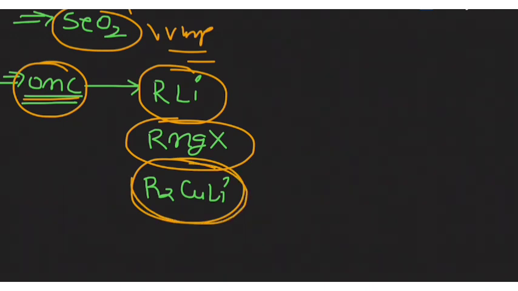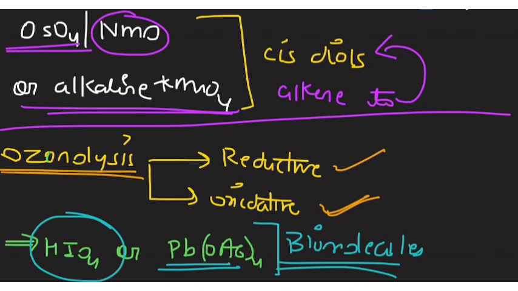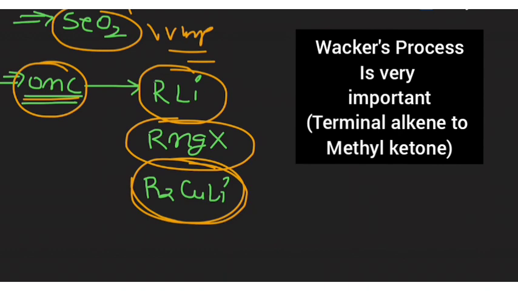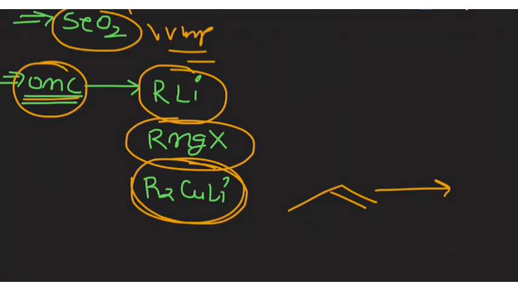Very, very important reagents. You have to study this on your own. The next reagents you can study are homogeneous reagents like Wilkinson's catalyst, and also the formation of methyl ketone. Very, very important reagents you have to study.